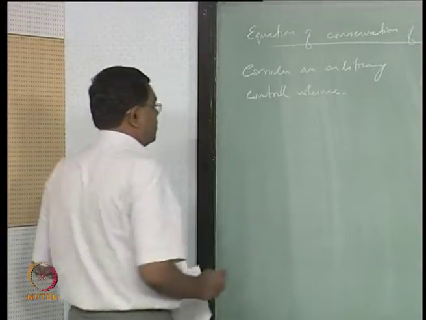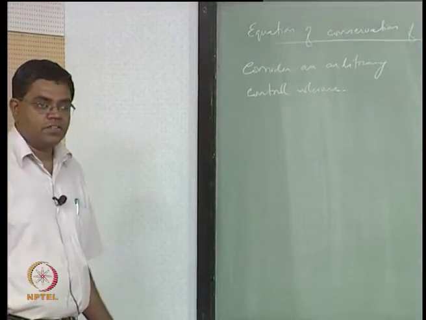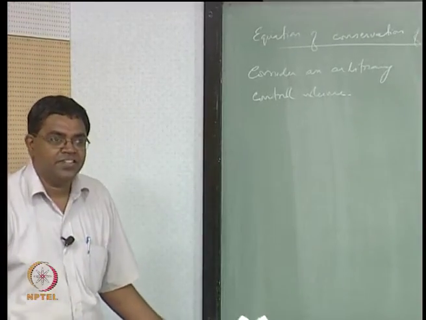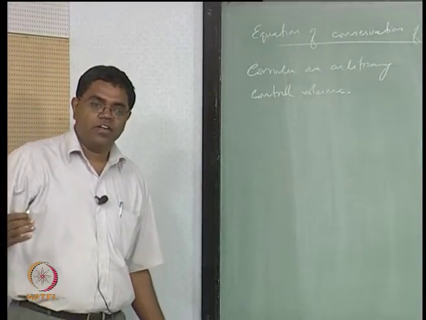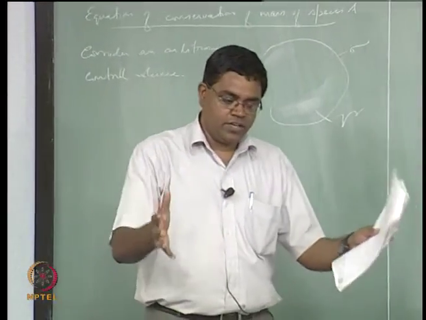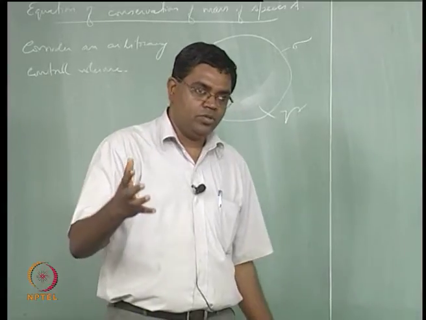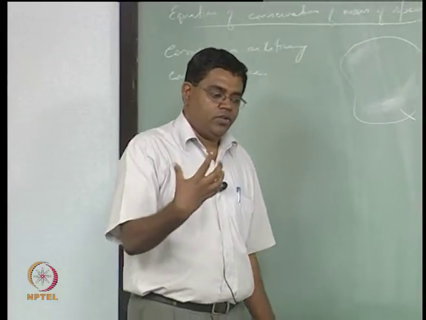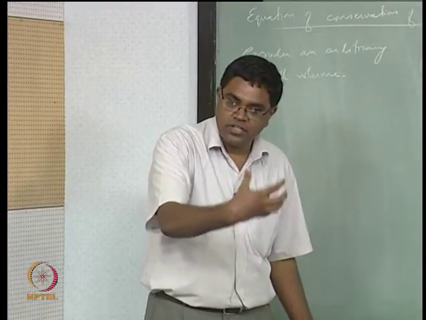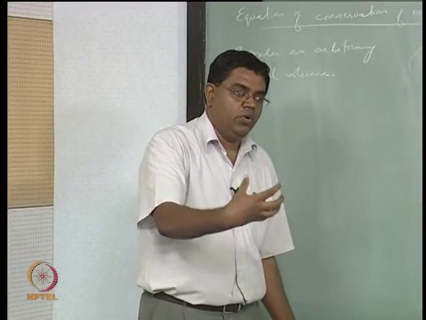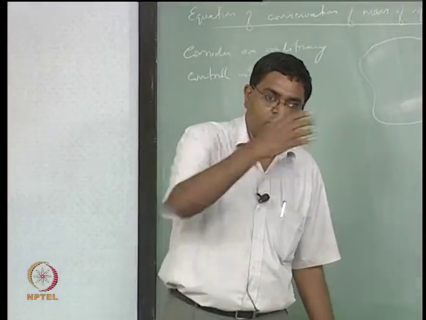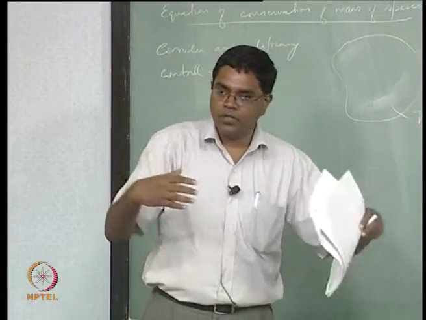So then the question is, how do you conserve mass? The answer is just like you conserve anything else, okay. So how do you conserve anything? You look at a situation like, let's say, a control volume, and then you have to keep in account the rate of change of whatever you want inside the control volume as equal to whatever is coming from outside versus what's going out, what's coming in, okay.